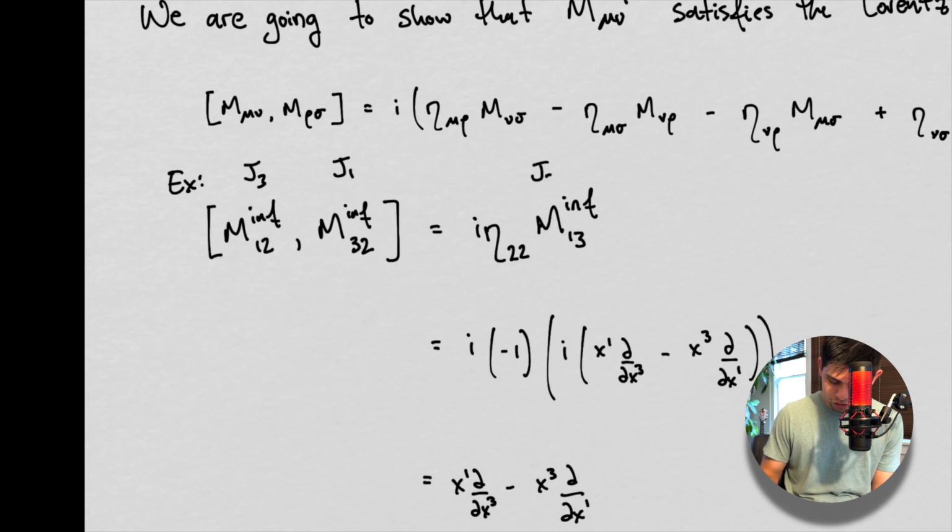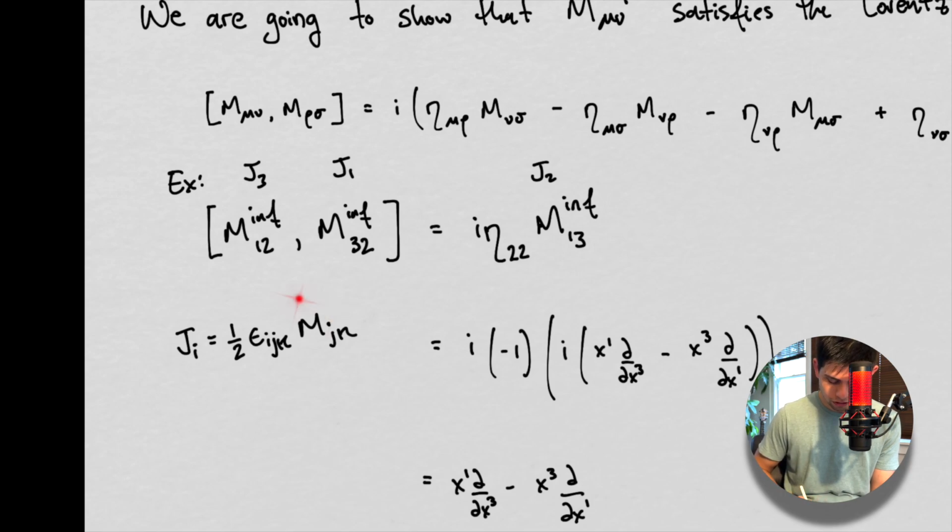and this is J2. The way I sort of go about that is whatever number is omitted here is the generator that we're dealing with, because recall that J_i, we said, was equal to 1/2 epsilon_ijk M_jk. Now this is j and k, this is i. So if this was 2 and this is 3, this has to be 1.